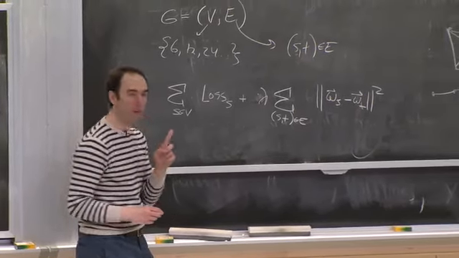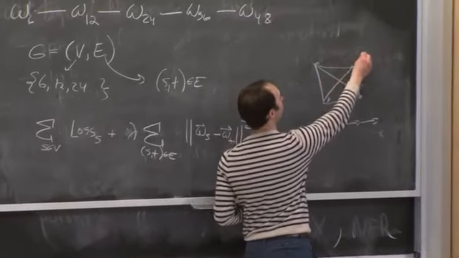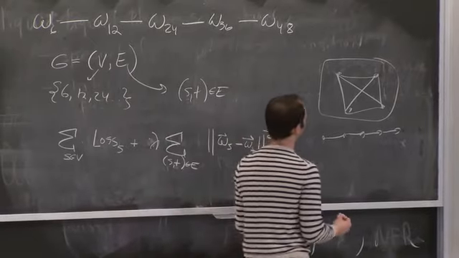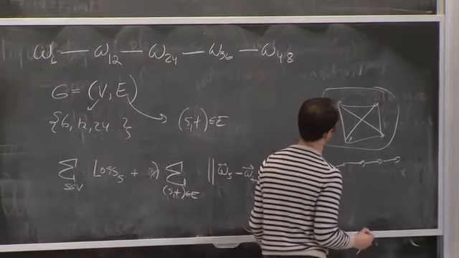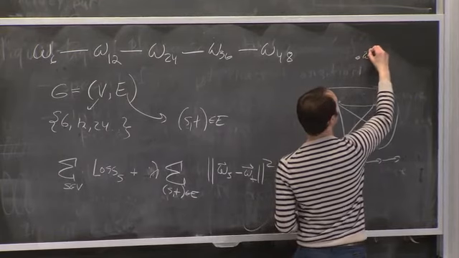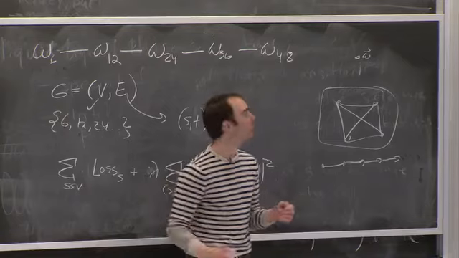I just want to mention one other thing, which is that from an optimization perspective, if this is what you had wanted to do, there's a much cleaner way of doing it. And that's to introduce a dummy node. I wish I had more colors. So one could instead introduce a new weight vector. I'll just call it W, with no subscript.